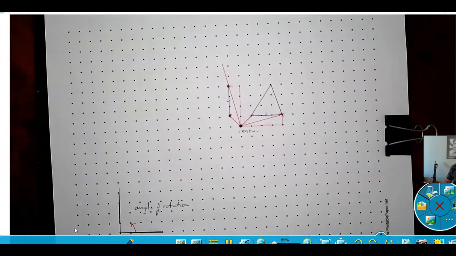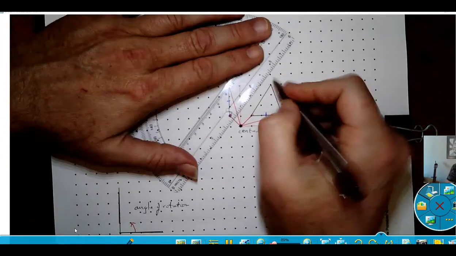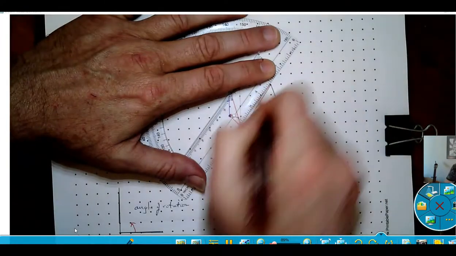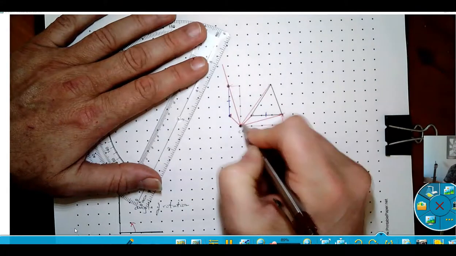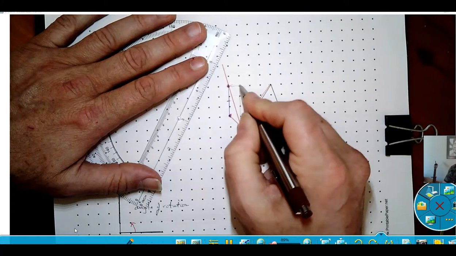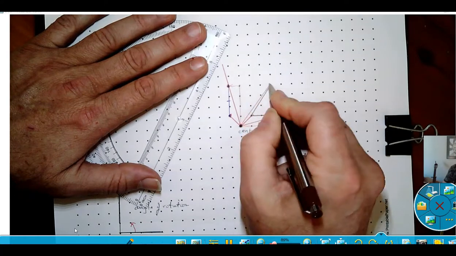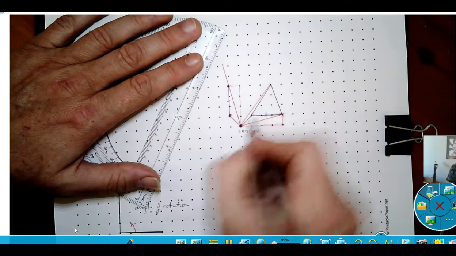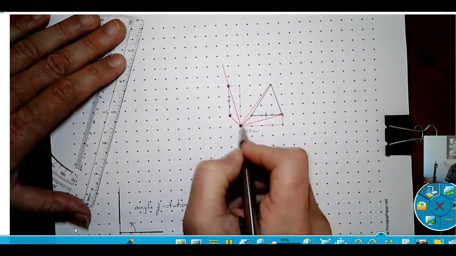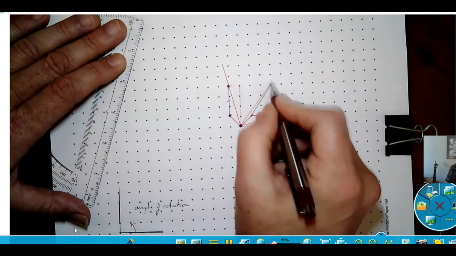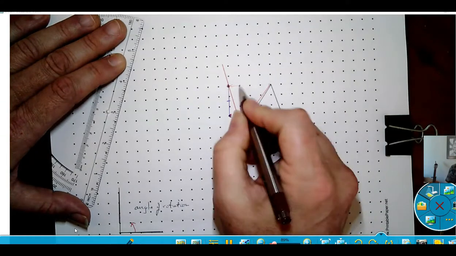So we're going to do the exact same thing. We'll get our line here, and then we'll copy it at a 90-degree angle. So this slope here, let's see, I count 1, 2, 3, 4 up and 3 over. So if I rotate that 90 degrees, I'm going to count, wait, 4 up, yeah, 4 up and 3 to the right.